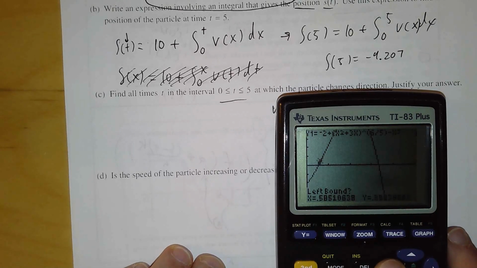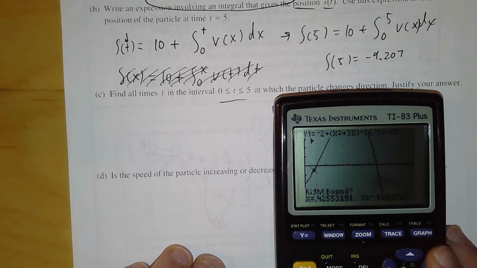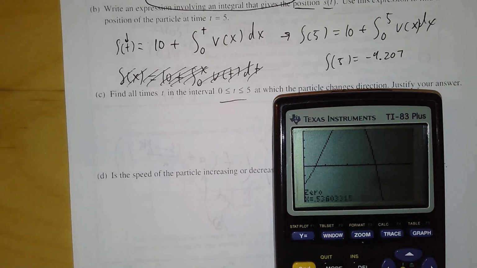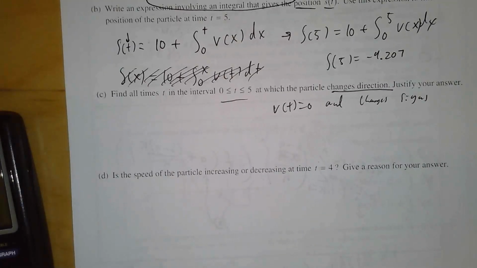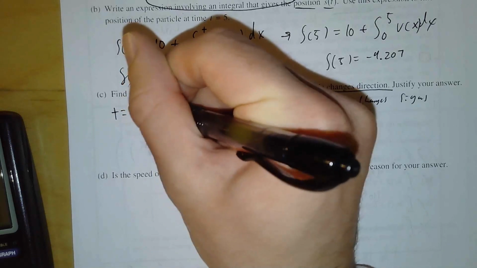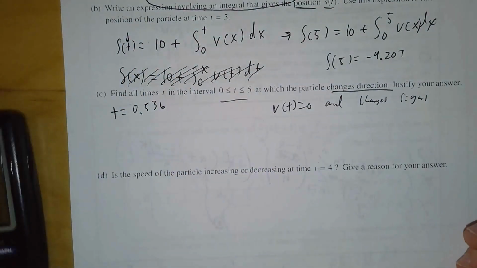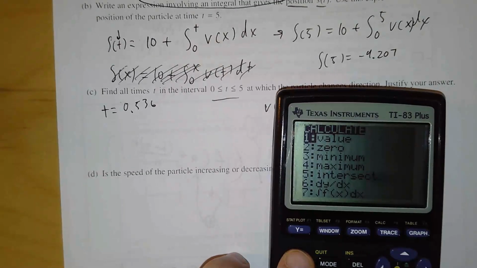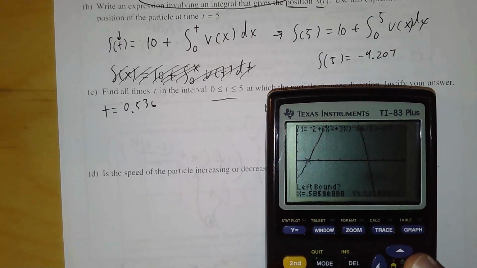Here it goes, left bound on the left side, right bound on the right side, and then one in the middle, and that would be 0.536. So one of my values is t equals 0.536, and my other value is on the far right. It's going to take a little bit to get over there.